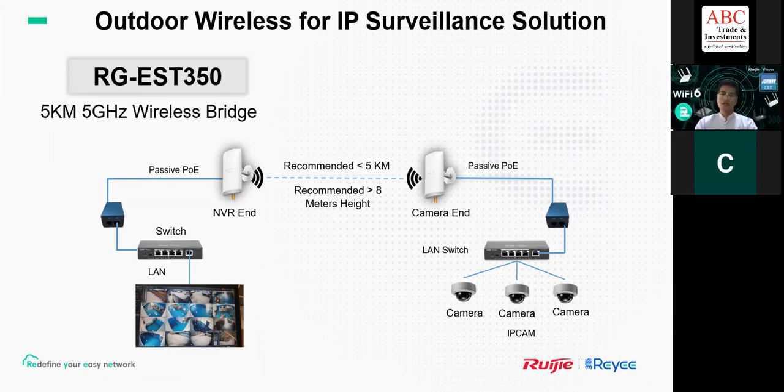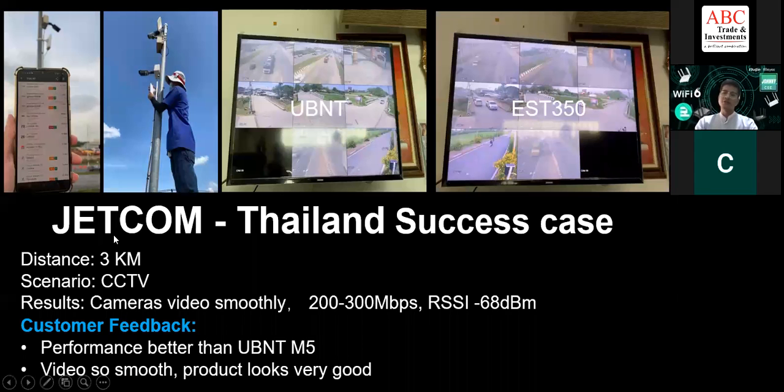So let's see our case first. This is from Thailand, the installer or SI they use. They made the deployment using our EST350. Here the distance is 3 kilometers, and the scenario is for CCTV. Let's see the difference between our EST350 and UBNT.